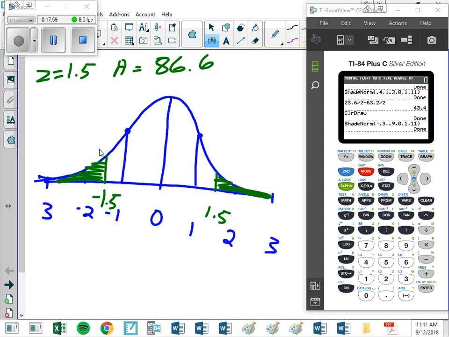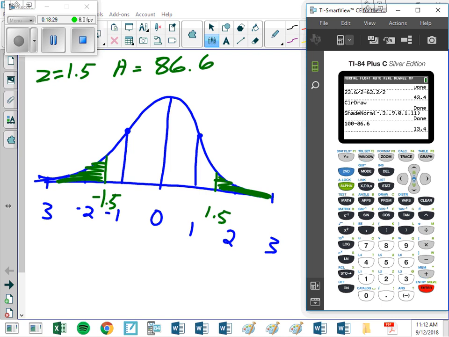Okay. How do I find the outside area? Just do 100 minus 86.6. 13.4. How do we check this on the calculator? You'd actually have to do either two graphs, two shade norms, or you could do one and times it by 2.